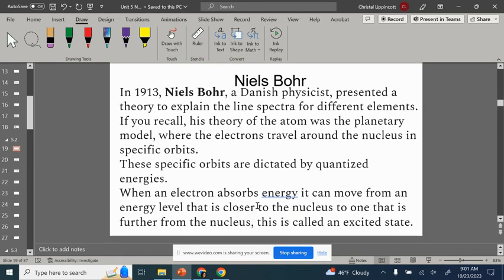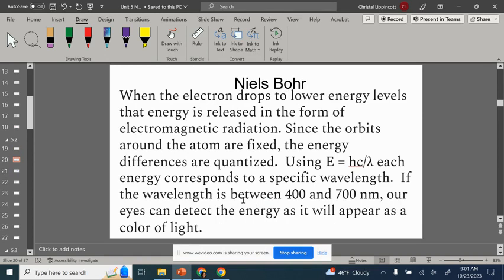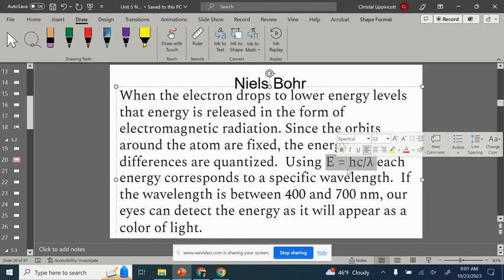Did I go too far? I did. So when the electron drops back down to what's called its ground state, it's going to give off the light. And we can use this equation, E equals Planck's constant times the speed of light divided by wavelength, to figure out what the frequency is.